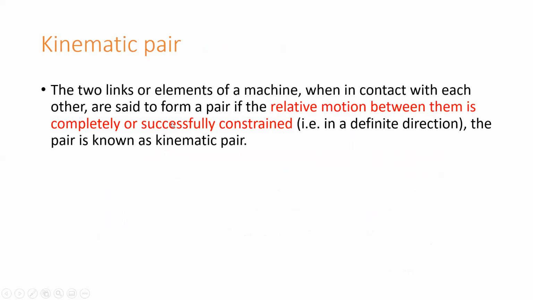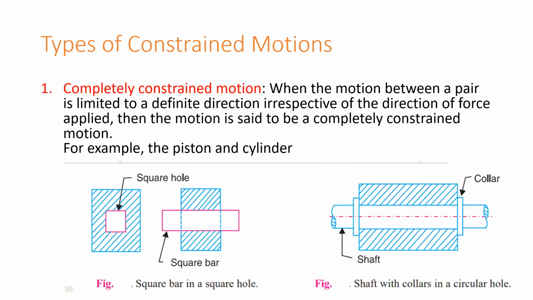Next we will discuss constrained motion. Here you can see that two words are used: completely constrained or successfully constrained motion. So see, these are the types of constrained motions. The first one is completely constrained motion.